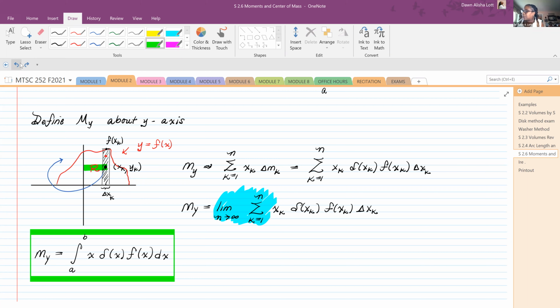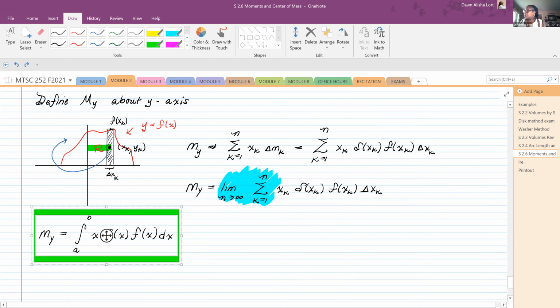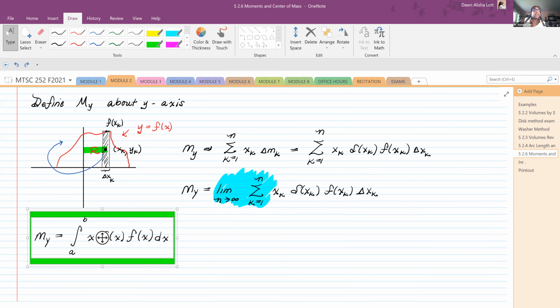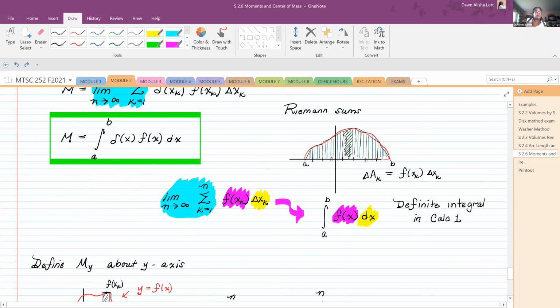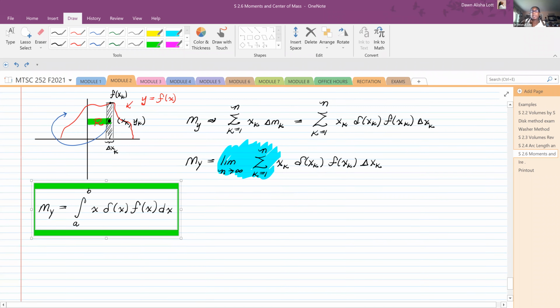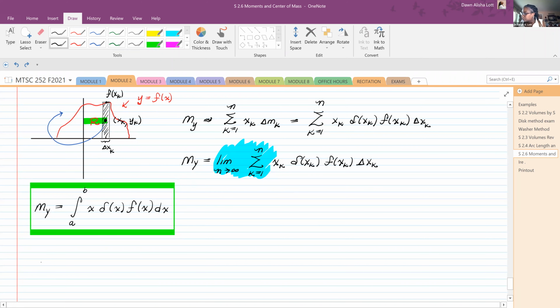Now the y one is the hard one. So here's the y one. The moment about the x-axis is the hard one.